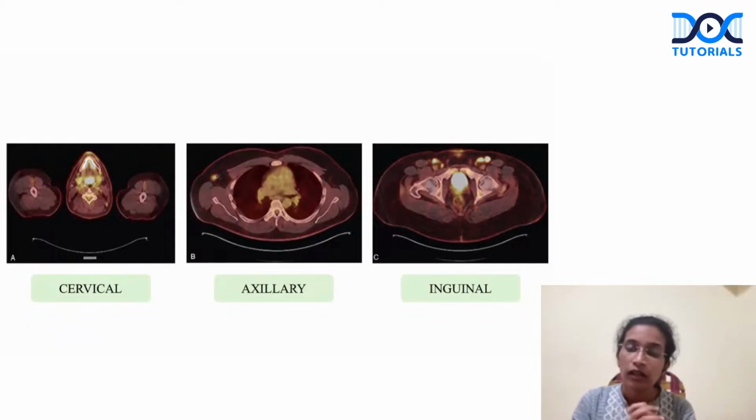Comparatively, the lesion with the high standard uptake value. Compared to the cervical, axillary, and inguinal regions, the inguinal region lymph nodes have the highest metabolic activity. The most abnormal lymph node should be targeted for the excision biopsy. What is the most abnormal lymph node here? The one with the highest standard uptake value, SUV. So in this case, it's the inguinal region, and this can be targeted for the excision biopsy.